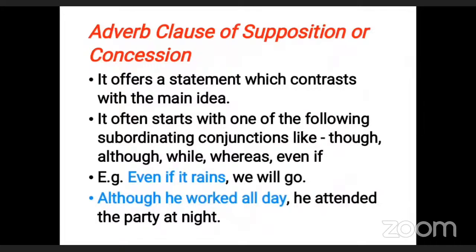So this shows an adverb clause of concession or supposition, that is, "although he worked all day". The conjunction used is "although", and in the first example it is "even if". So in the first sentence, "even if it rains" is an adverb clause of supposition, and in the second sentence, "although he worked all day" is an adverb clause of supposition.